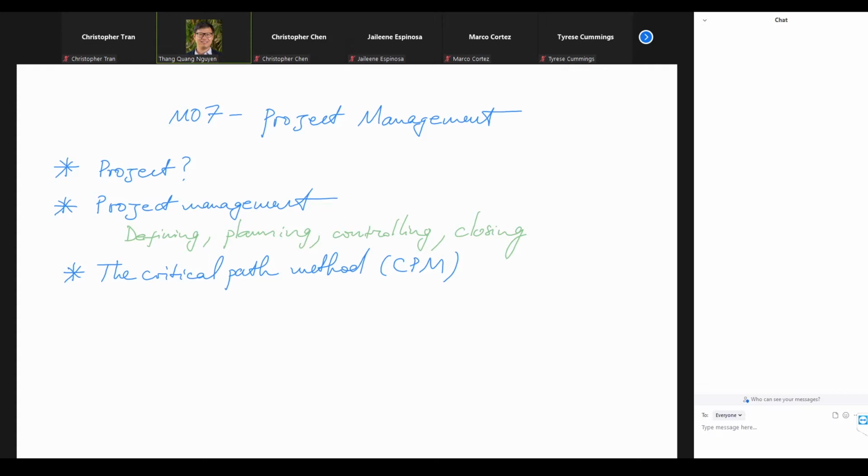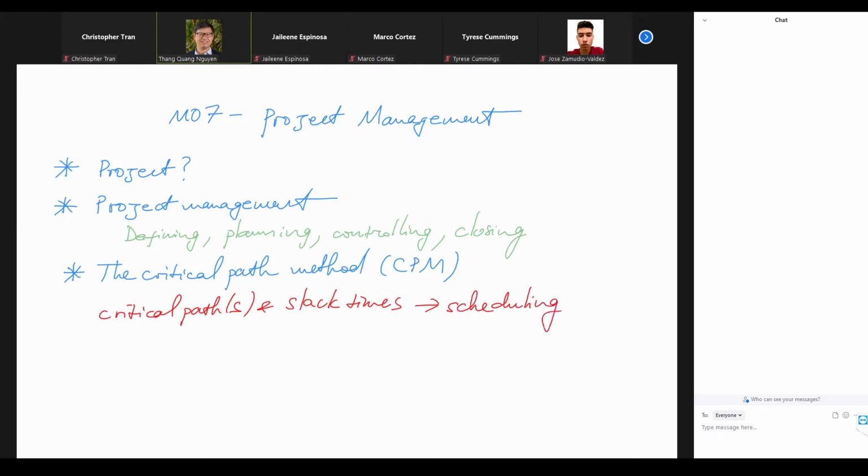So we learn about the critical paths, and then together with that, we learn about the slack times, so that we can schedule our project.